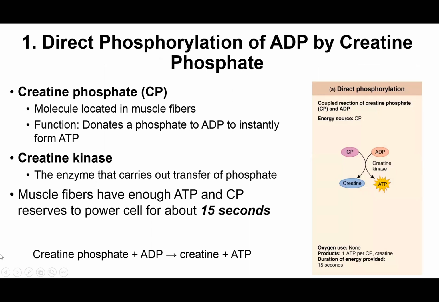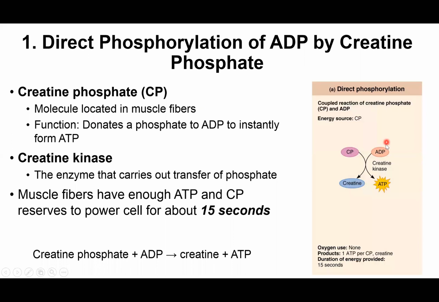So in direct phosphorylation of ADP by creatine phosphate, this creatine phosphate molecule is located in muscle fibers, and creatine phosphate donates one of its phosphate groups to ADP to instantly form ATP.